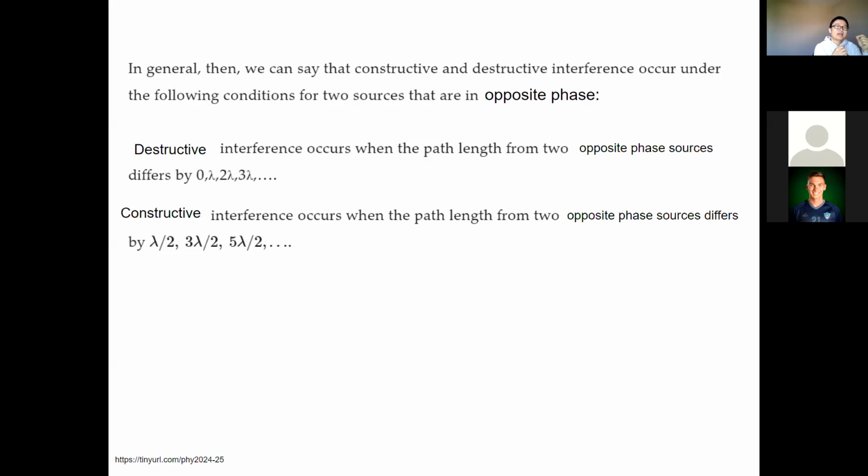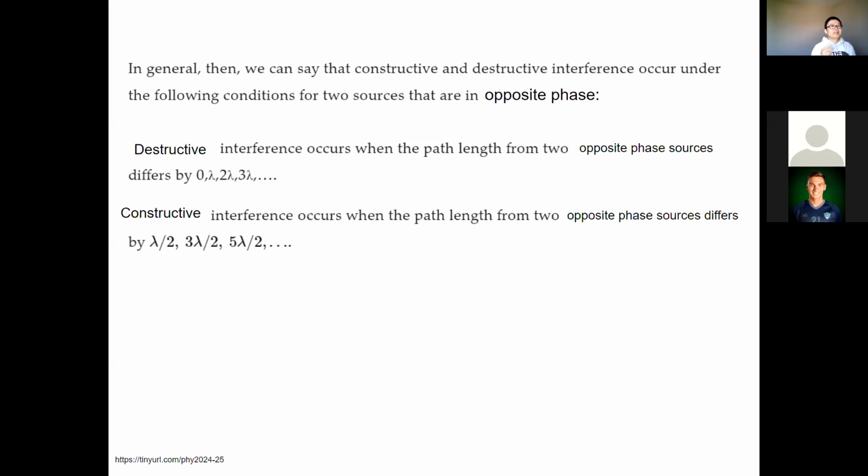So even though you have the same setup, one source is out of phase compared to the other. If they travel the same path and reach a certain point P, they will now have not constructive but destructive interference, because the maximum from source 1 meets the minimum from source 2, so they cancel out. That's because the sources are in opposite phases.